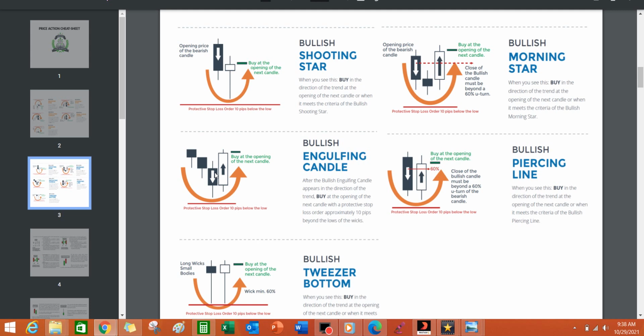These are what you should expect. So let's quickly check out the bullish engulfing candle. This is how it happens whenever you're on a downtrend and the sell candles are being created. It will get to a certain region.